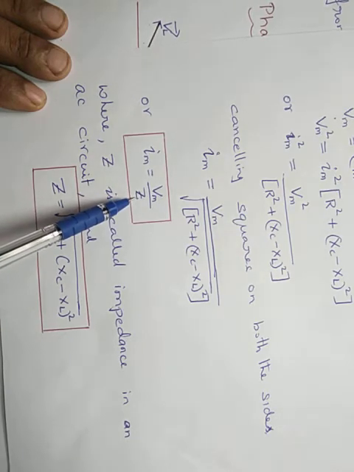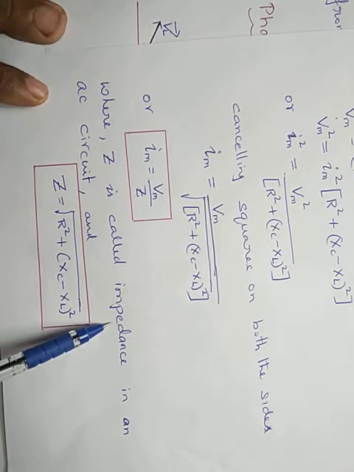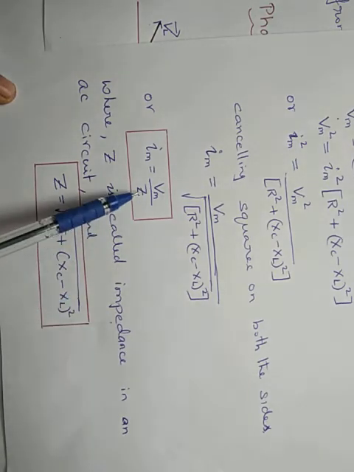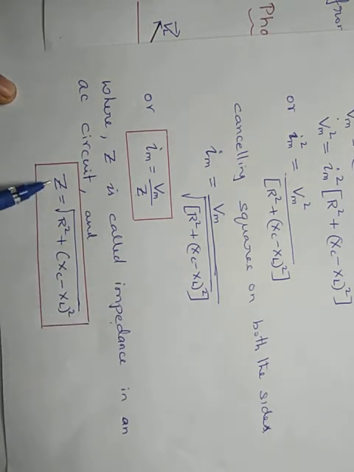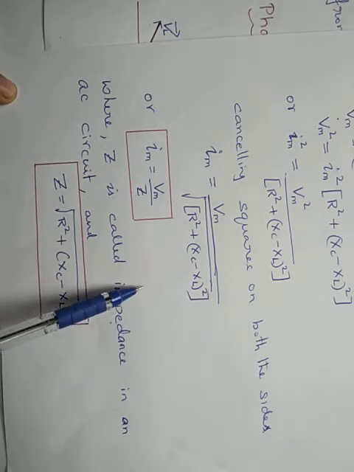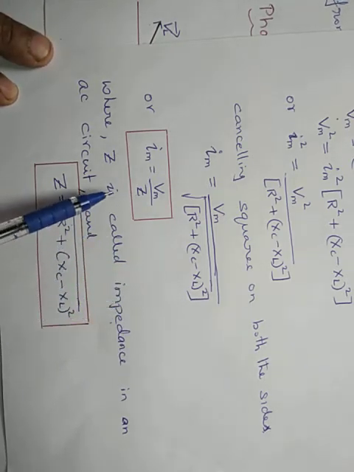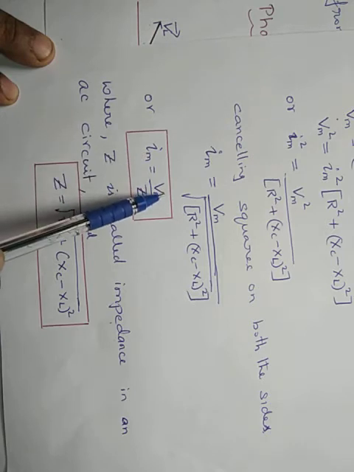This term Z is called impedance. It is analogous to the resistance in the LCR circuit. Current equals voltage by resistance, we know using Ohm's law.